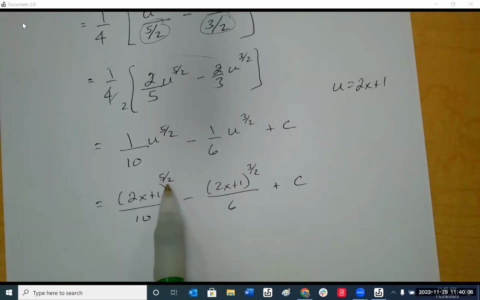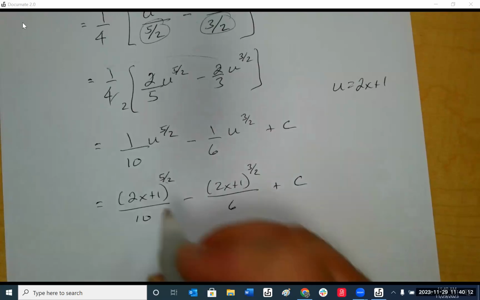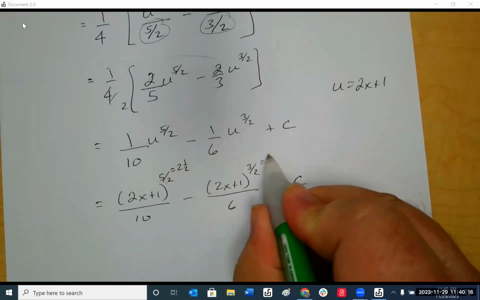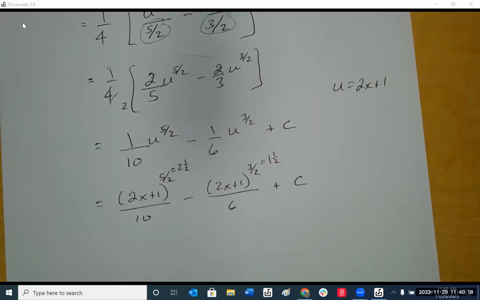And of course, we can simplify these improper exponents, because 5/2 is 2 1/2 and 3/2 is 1 1/2.